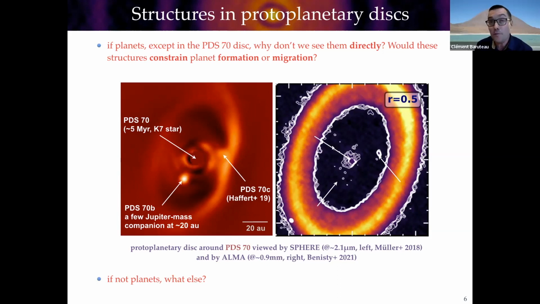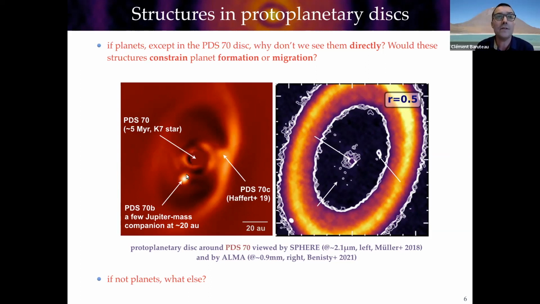By the way, if you're not familiar with these images, this is showing the protoplanetary disk around PDS-70, as seen with SPHERE on the left-hand side and with ALMA on the right-hand side. This is a disk that has a cavity, which is about 40 to 50 astronomical units wide.